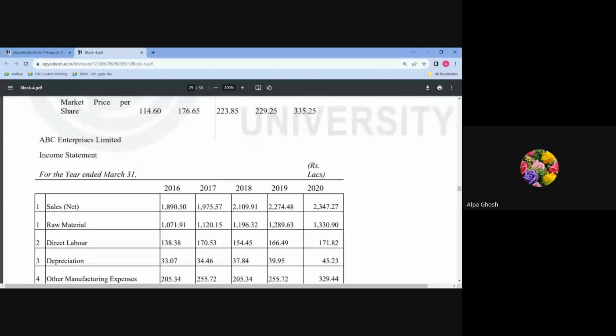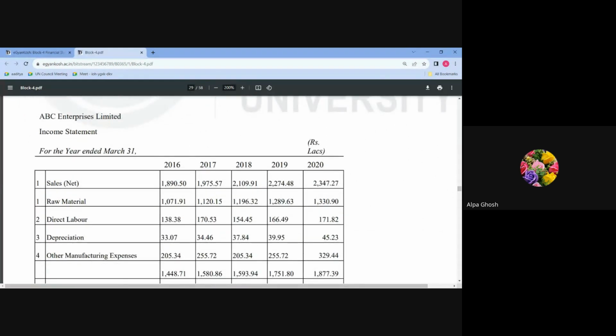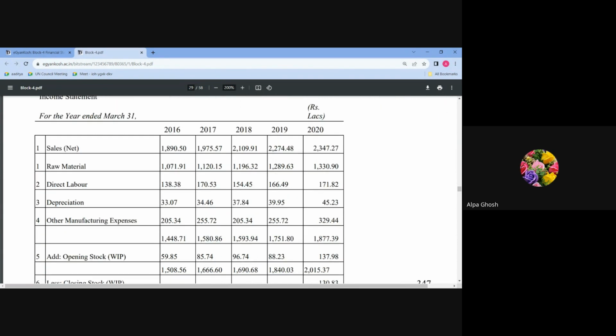Income statement is your income. You can see the position of your sales, raw material, direct labor, depreciation, and other expenditures.